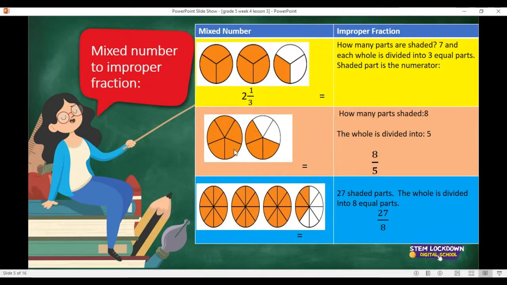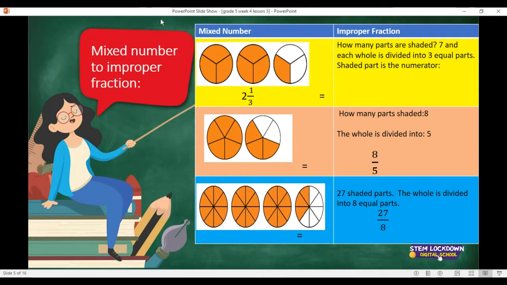So on the second one, we have 2 wholes there. Now I didn't give you the mixed number, but I gave you the improper fraction. So as a mixed number, how many wholes do we have? Before we check the full wholes, the whole circles that are shaded, we have to determine our denominator. How do we get it?